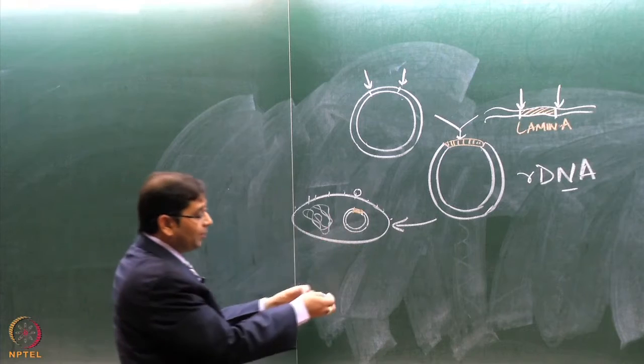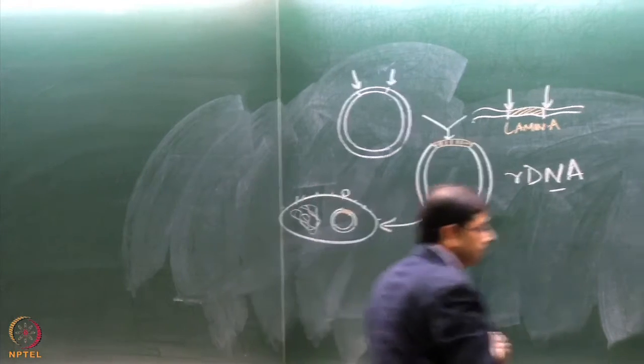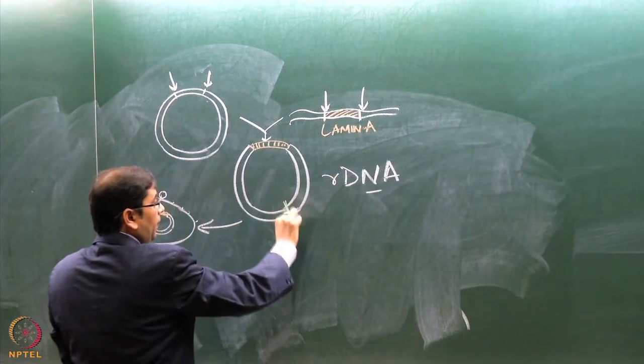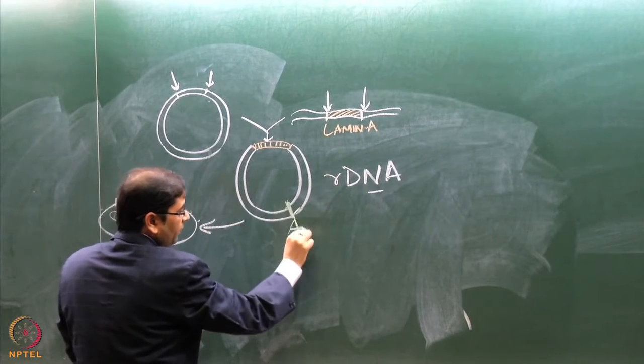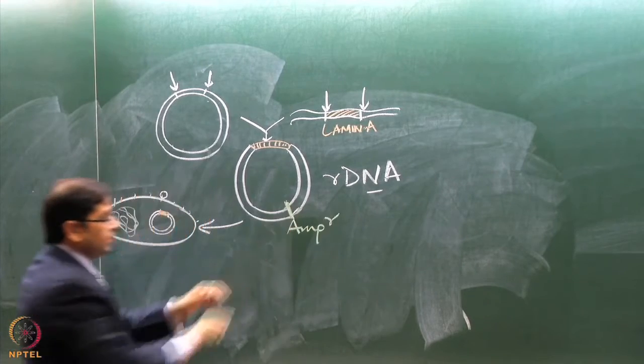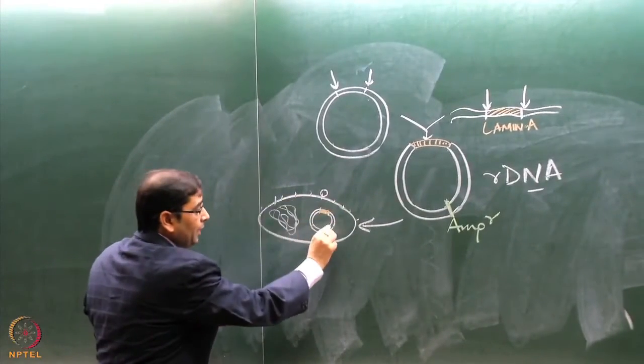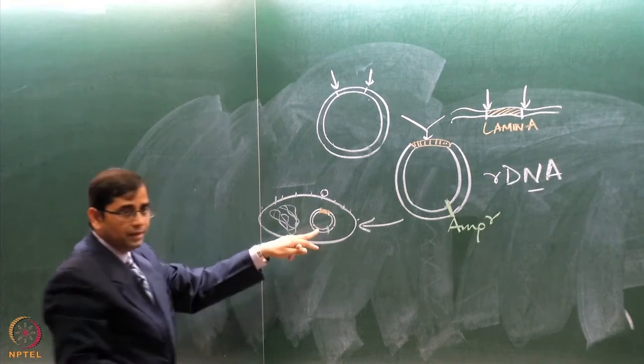So now you are using that property where we said that you can have some of the antibiotic resistant genes. So let's say we have an ampicillin resistant gene here in your plasmid. So now in this particular plasmid, this ampicillin resistant marker is there.